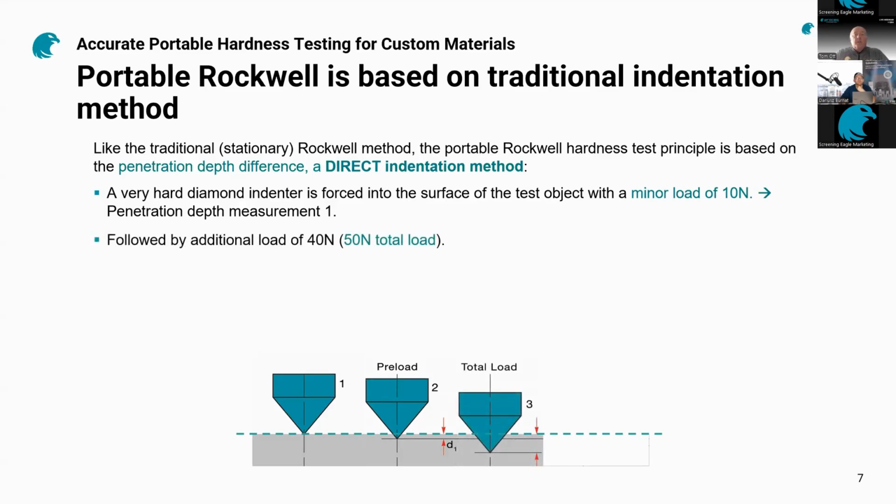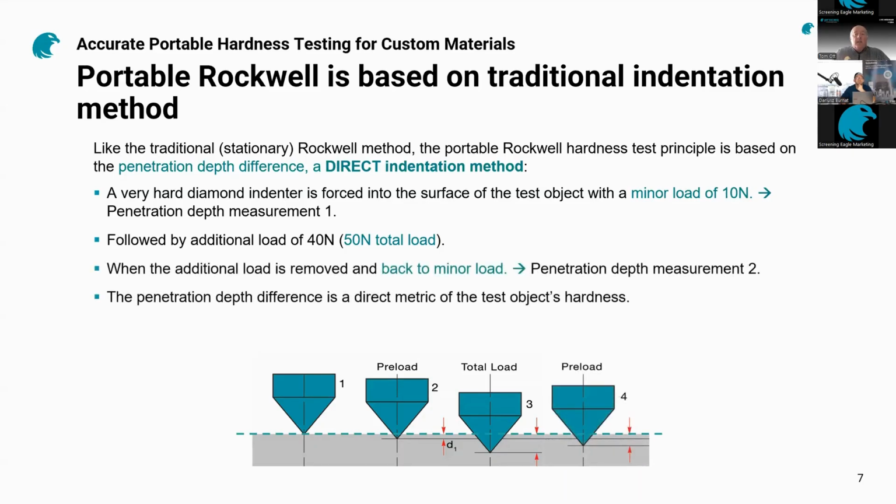We then proceed on to add an additional load of 40 newtons to provide a total of 50 newtons load, and we hold it for a dwell time. The Equotip is very nice in that it gives the user a graph that they can watch and they can get confidence that they're getting an accurate measurement. And whenever the dwell time is reached, based off of the indentation depth and material creep, the Equotip tells you to release.